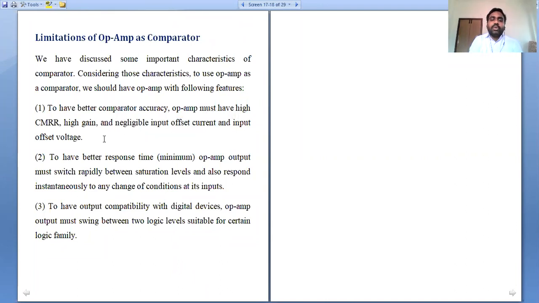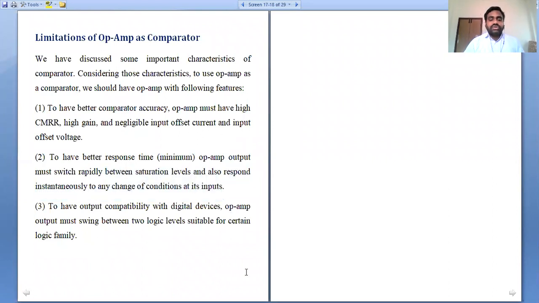The next important thing is the response time. The output response time of the operational amplifier, which is our comparator, should be minimum. If the output response time is minimum, then definitely the saturation values will be good, and the saturation value, either positive or negative, will depend upon the particular input.